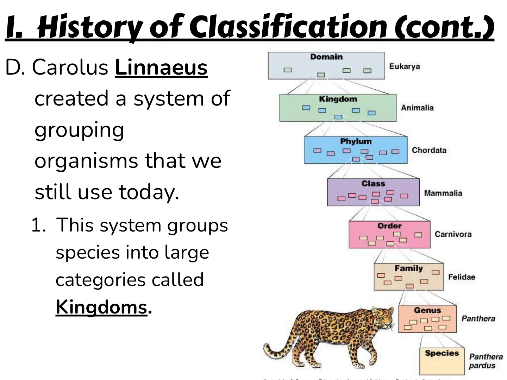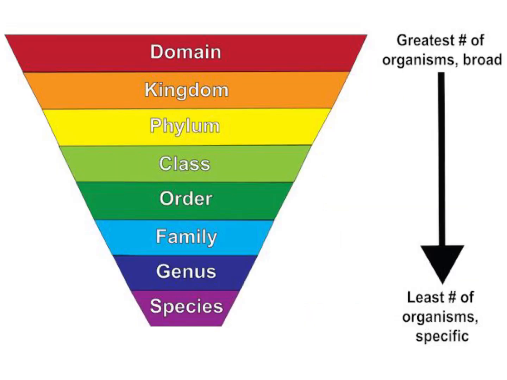Well, back in the day, this guy named Linnaeus created a system of grouping, and we still use this as our basic grouping today. And in this system, the largest group is called a kingdom. You've probably heard about a kingdom in your previous learning in science. So these go from the greatest, most all-encompassing broad group, which is domain.